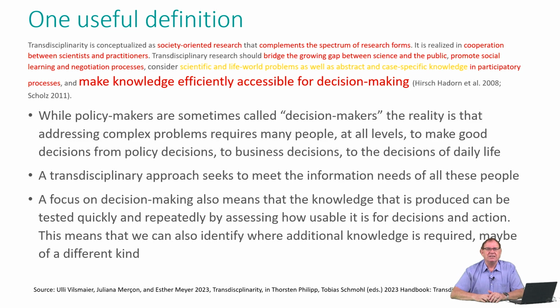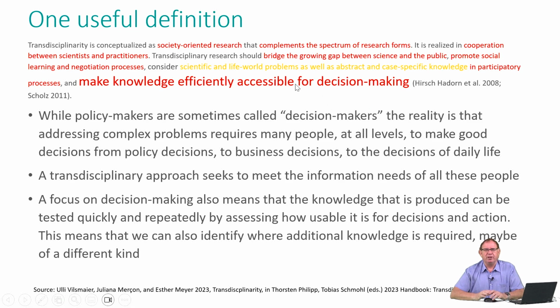While policymakers are sometimes called decision makers, the reality is that addressing complex problems requires many people at all levels of society to make good decisions. These include policy decisions, business decisions, and the decisions of daily life of individuals and families and communities.